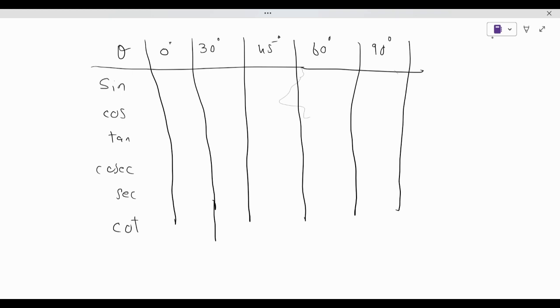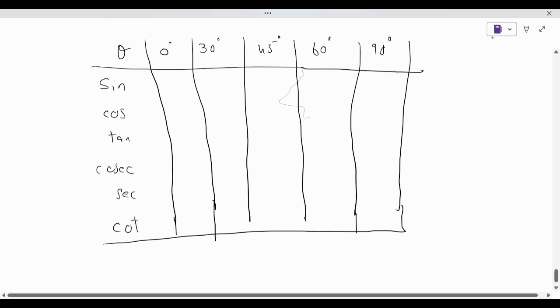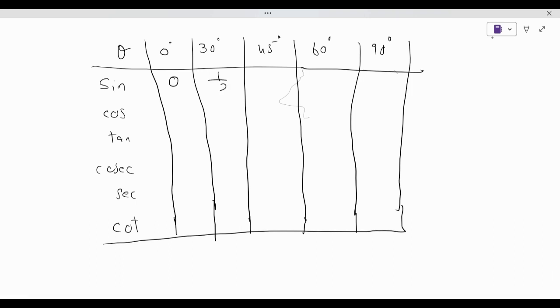You have to remember only the first line. Only the first line you need to remember, and that will be equal to 0, 1 by 2, 1 by root 2, root 3 by 2, 1. Remember just this first line. Cos will be reverse.